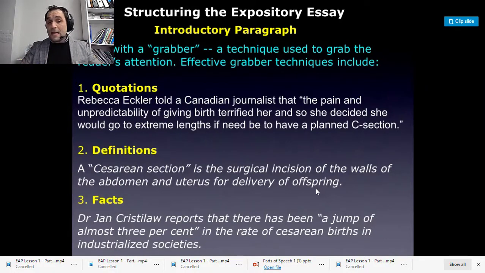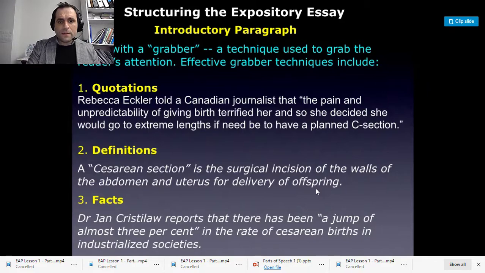That means somebody conducted research and found 3% in the rate of cesarean births. So that means it's scientific, it's a fact, and it's very hard to dispute facts. Like I said, you have to have your own facts if you want to win a debate where people are presenting different opinions or different facts. All right. Let's look at the next section.